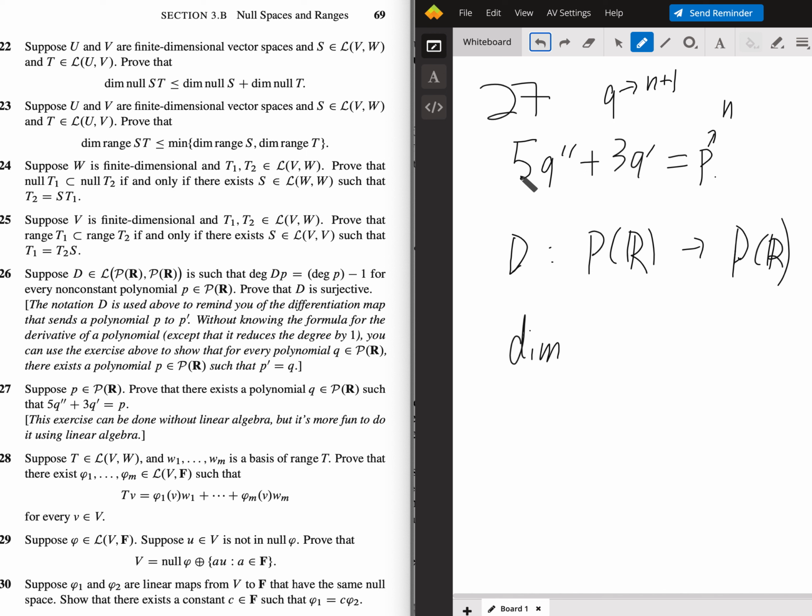Then you want to consider the linear map which represents this. The fact that it's surjective over the entirety of, so every polynomial of degree n or less can be covered, means that it's surjective over such n dimensions.